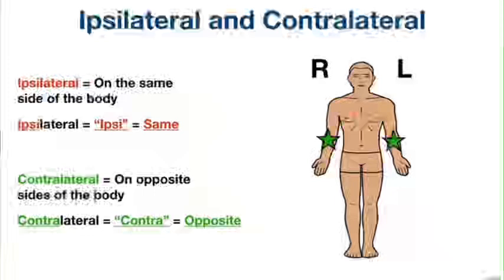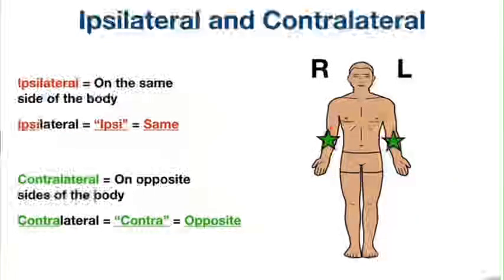Sometimes you expect that because the tumor is in the left side of the brain, the weakness should be on the left side, but no, the weakness can be on the right side, and if it's on the right side, you say there's contralateral involvement.